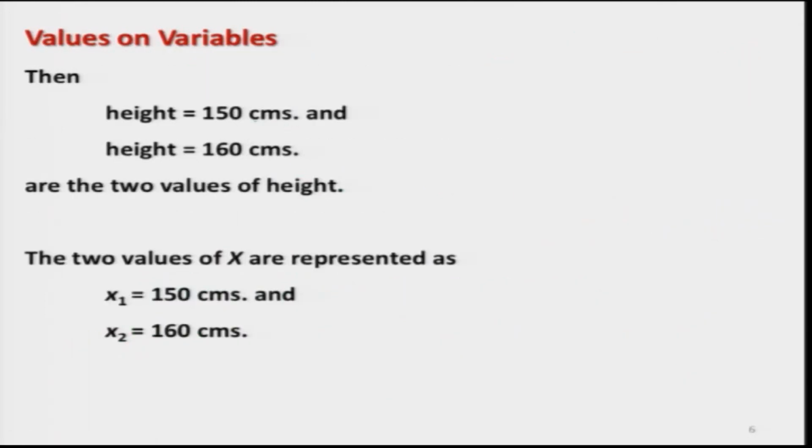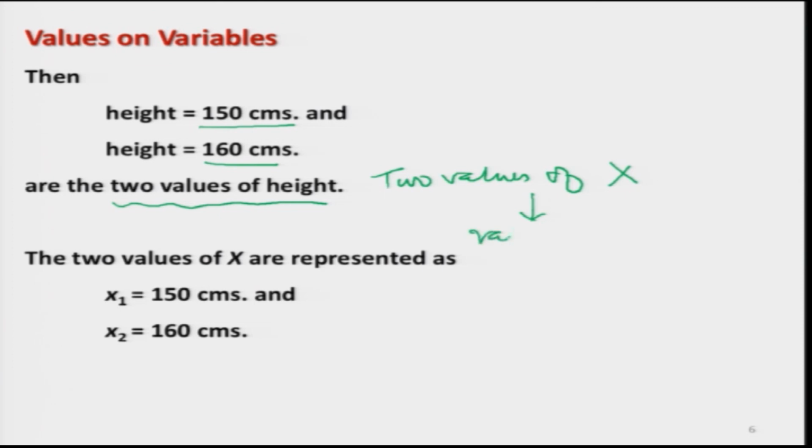So, height equal to 150 centimeters and height equal to 160 centimeters, they are the two values of the variable height. These are the two values of X, and values of X are denoted by small x.